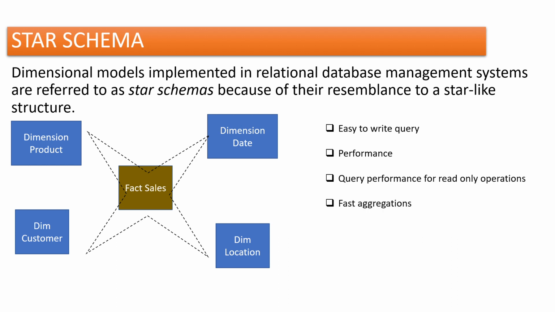And why the star schema? Because the star schema is a denormalized form, so the number of tables is very small if you compare it with your OLTP or transaction system. It's easy to write queries, and you don't have multiple tables to join. You know the join conditions very well because your fact table will have the foreign keys which help you join with the dimension tables.